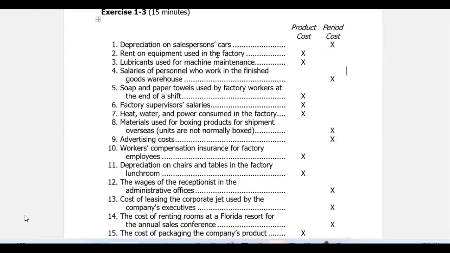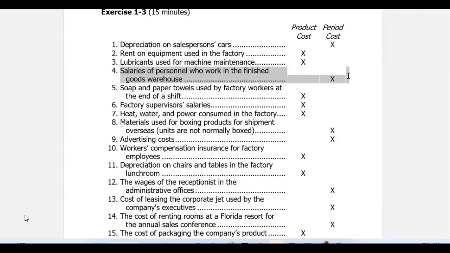Rent on equipment used in the factory, so that's a rent expense for the equipment used in the factory. That's a product cost. Manufacturing overhead, product cost. Lubricants used for machine maintenance, that's manufacturing overhead, product cost. Salaries of personnel who work in the finished goods warehouse.